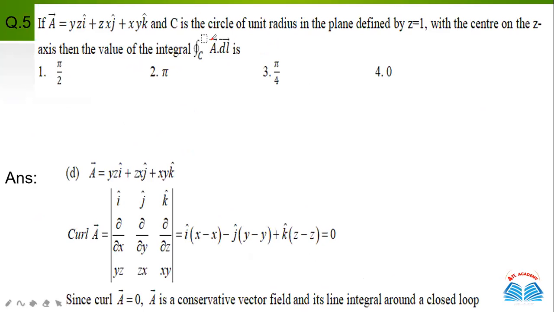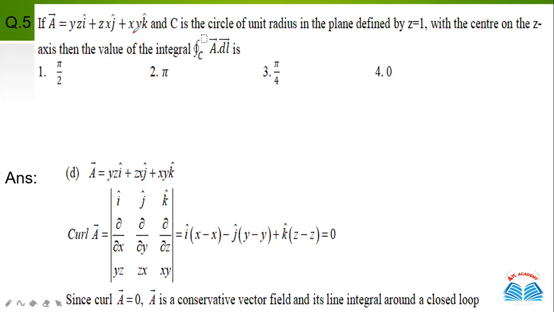This is from the Ampere circuital law we have studied. A is given, so you can find the value of A dot dl, which equals mu naught I. So first you can find out the current, or if you can find out the magnetic field from somewhere, then you can also do this.